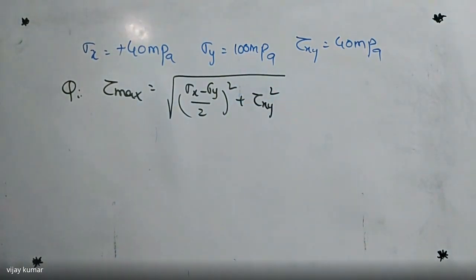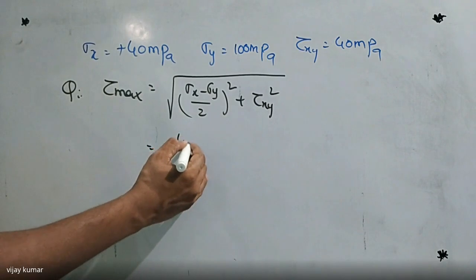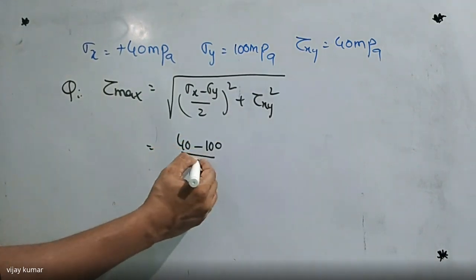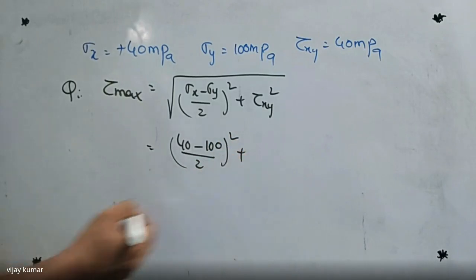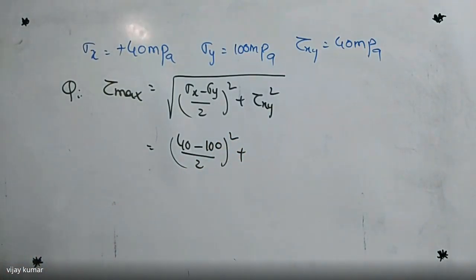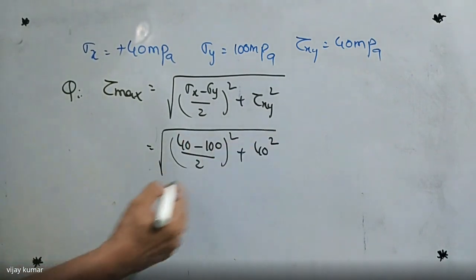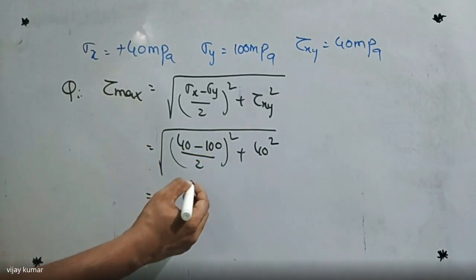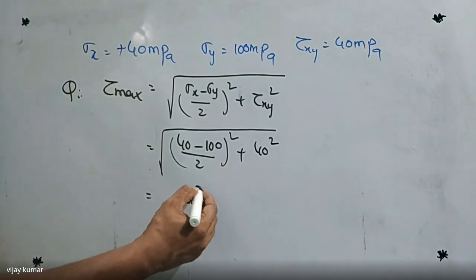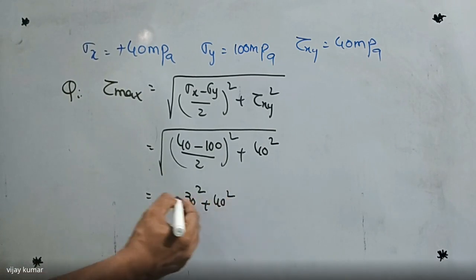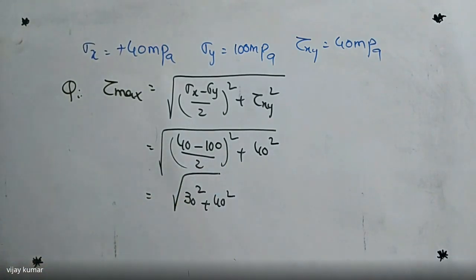Here substitute those values: (40 minus 100) divided by 2 whole square plus tau xy, which is 40 square, under square root. Then 60 by 2 means 30, so we get the square root of 30 square plus 40 square. Got my point or not? Then we get the value of tau maximum.